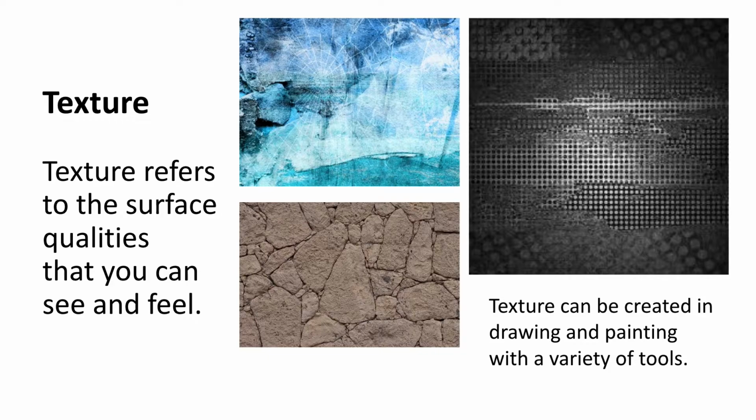The other ones as well show rough and smooth areas. Artists have different ways of achieving the illusion of texture. You can actually create texture by putting a piece of paper down on the sidewalk and rubbing it, and you can see the texture that way.